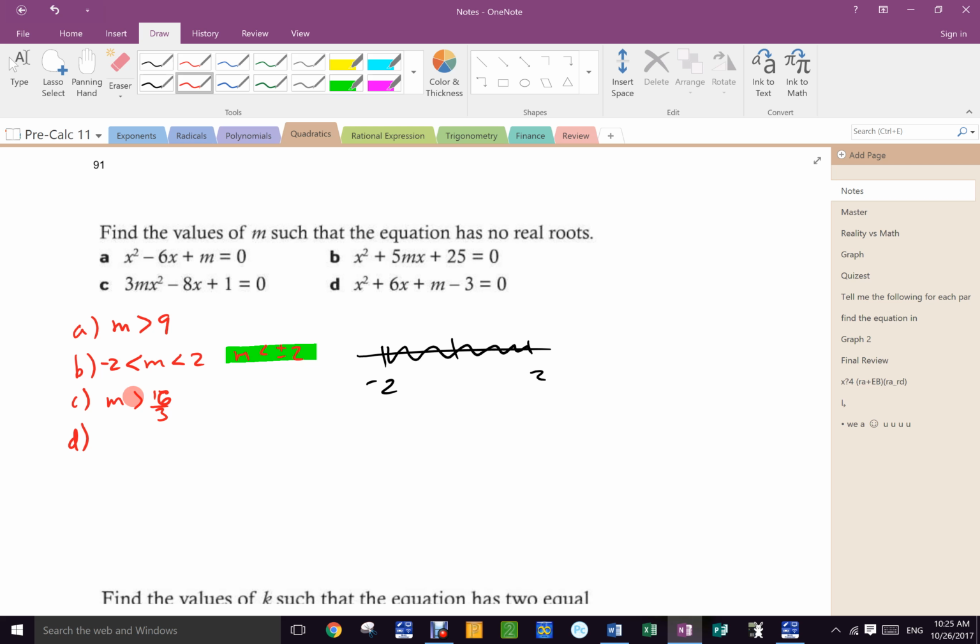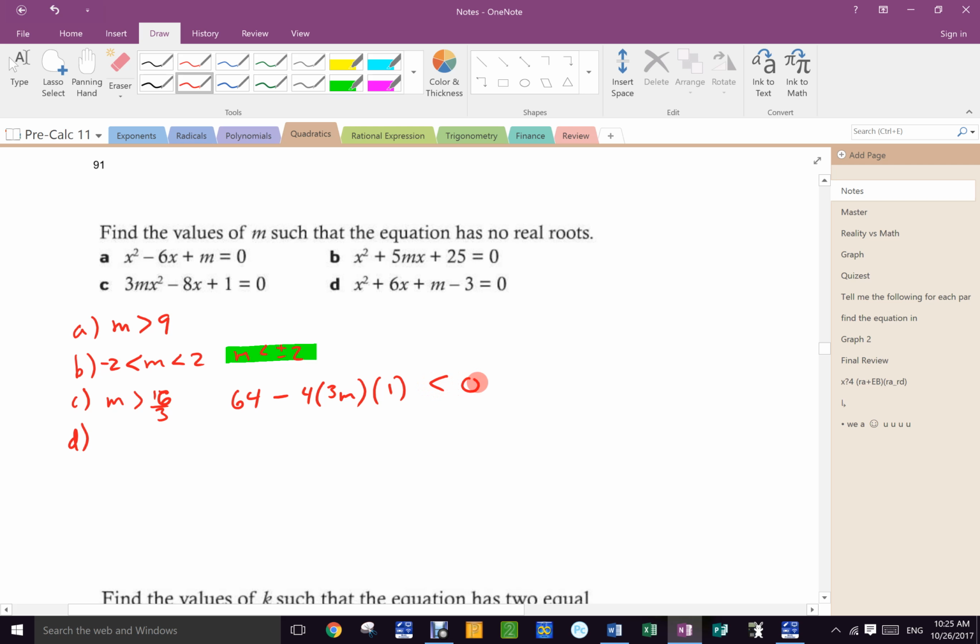Let's take a quick look at C, right? Okay, so what is C? It's B squared, which is 64, minus 4 times A. What's A? 3M times C. What's C? 1. So that has to be less than 0, yes? To have no real roots, right?